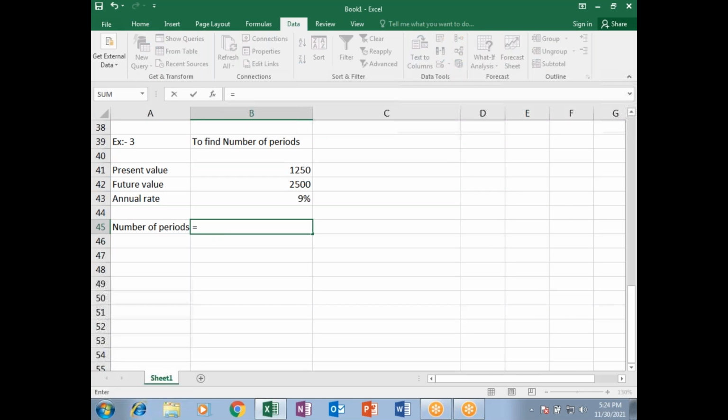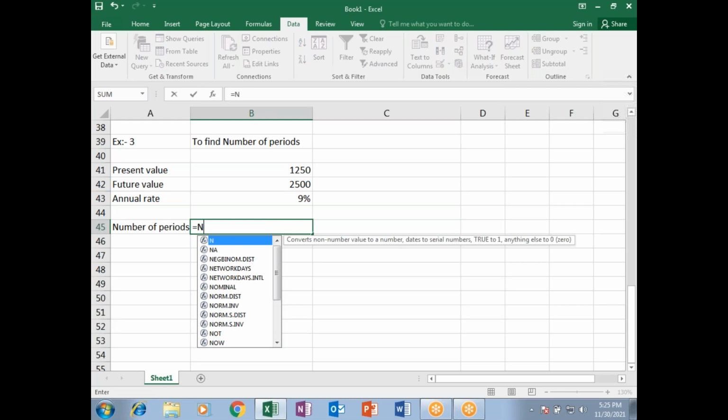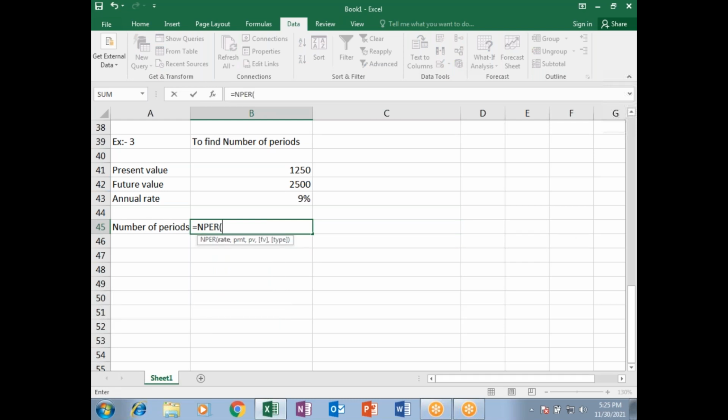So equals NPER. So you will select the rate first. As we don't have the payment amount, I'll give 0. I have the present value, so I'll give the present value, comma.